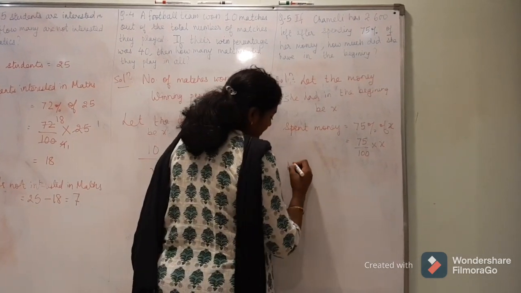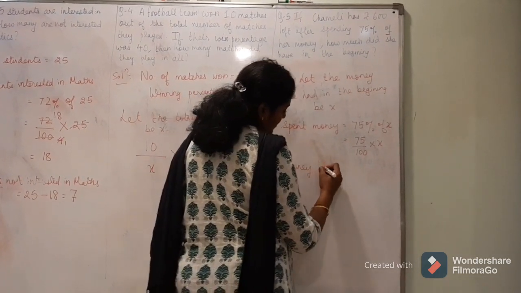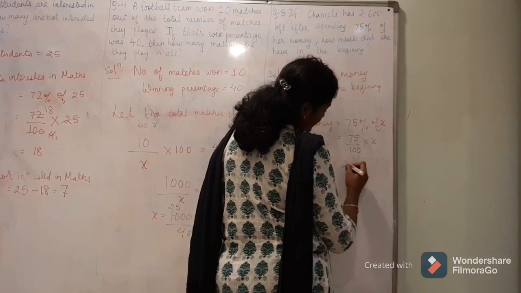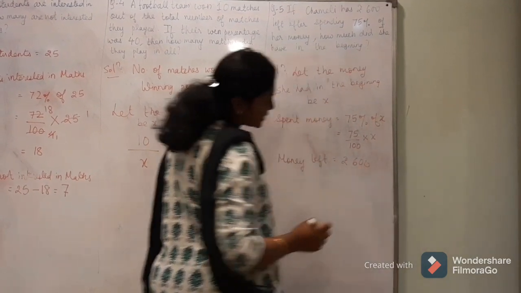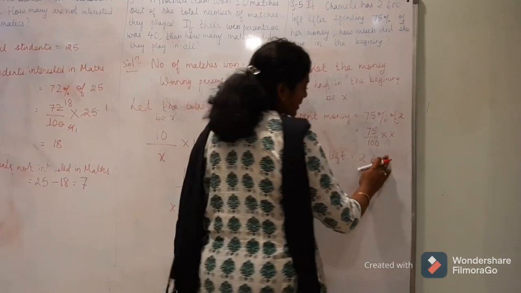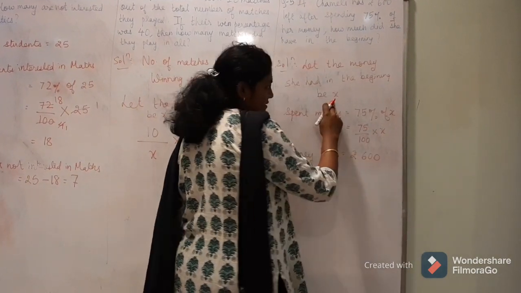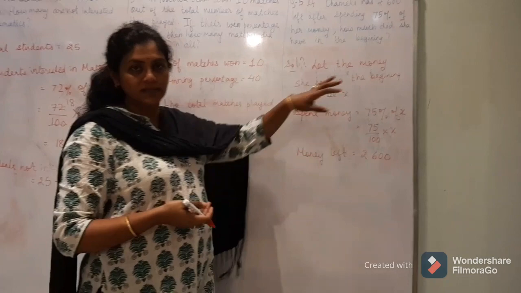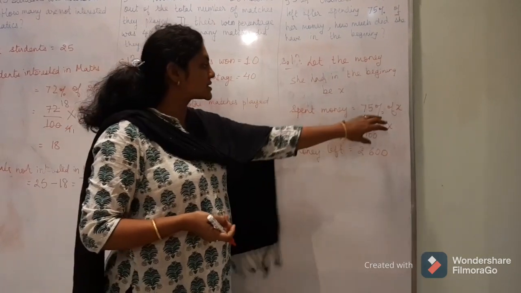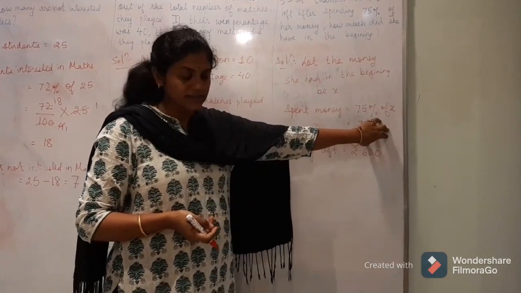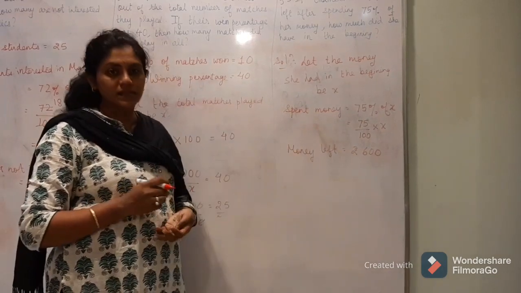Money left कितना है? वो है ₹600. अब मुझे इक्वेशन बनाना है तो मैं कैसा बनाऊंगी? x मतलब टोटल मनी जो उसके पास था माइनस 75% ऑफ x is equal to 600.